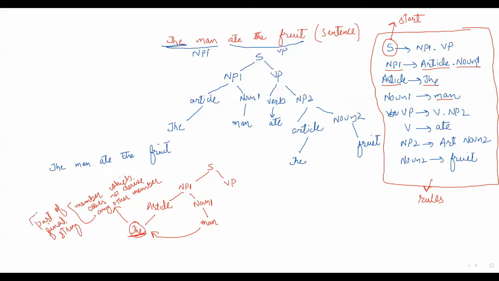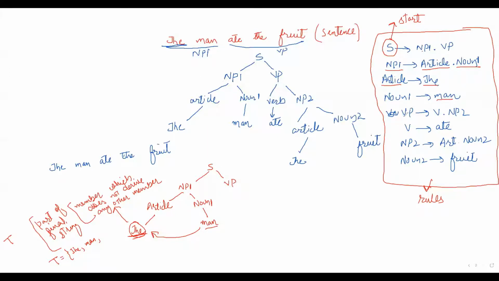So let's make a set of these last ones which are part of the sentence. Let's make a set T. This set T contains the, it also contains man. Now we have completed the left side. Let's move to the right side.